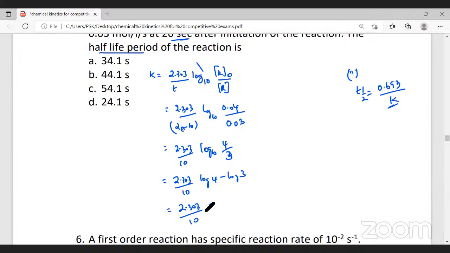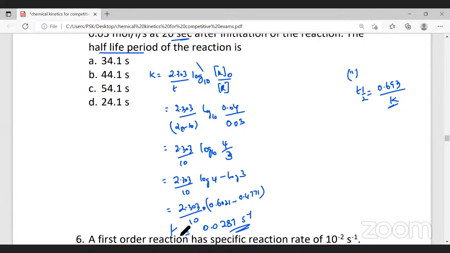Log 4 is 0.6021 and log 3 is 0.4771. On simplification, you will get the answer 0.0287 per second. So the rate constant value we get is 0.0287 per second.